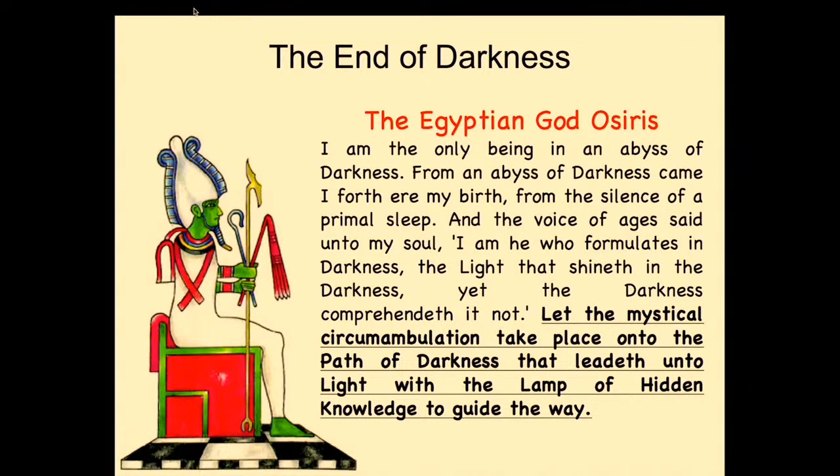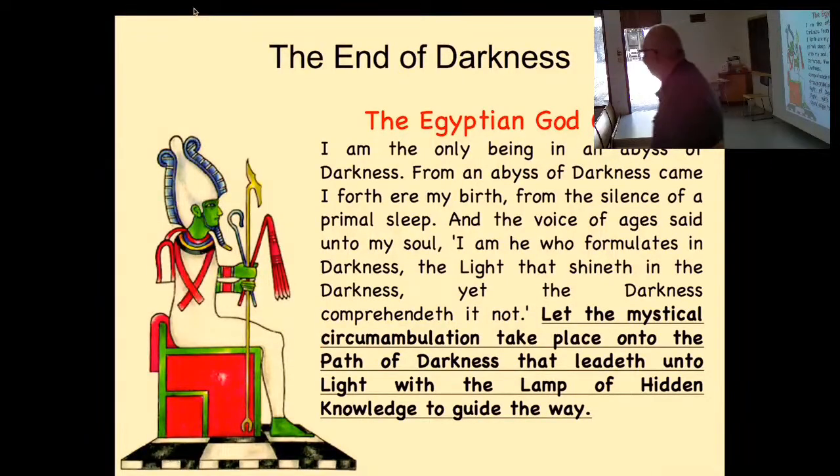And this is, let the mystical circumambulation take place onto the path of darkness that leadeth unto light, with the lamp of the hidden knowledge to guide the way. It's wonderful. This is written 3,500 years ago, 4,000. He's talking about the Dark Ages. Wonderful. I'll stop here. Thank you very much for listening.